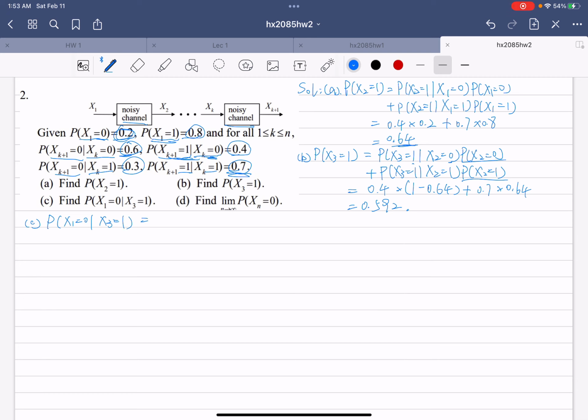We can easily get the equation: probability x1 equals 0 given x3 equals 1 is the probability of x3 equals 1 given x1 equals 0, times the probability of x1 equals 0, over the probability of x3 equals 1.